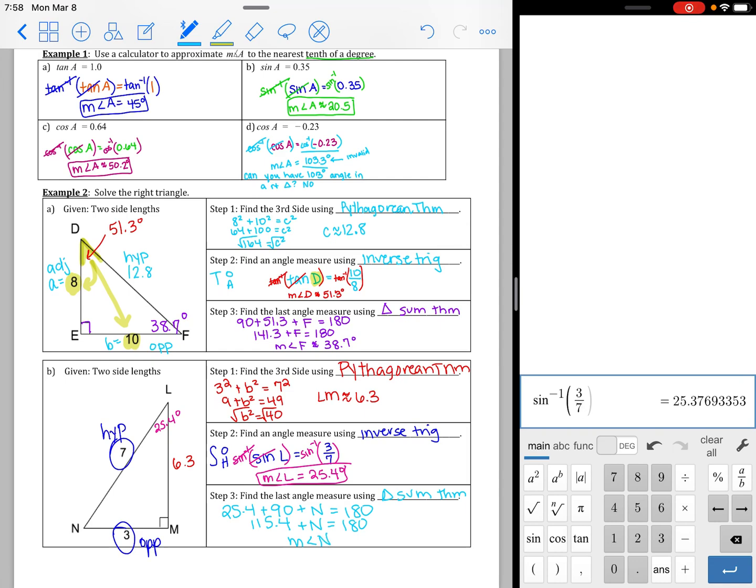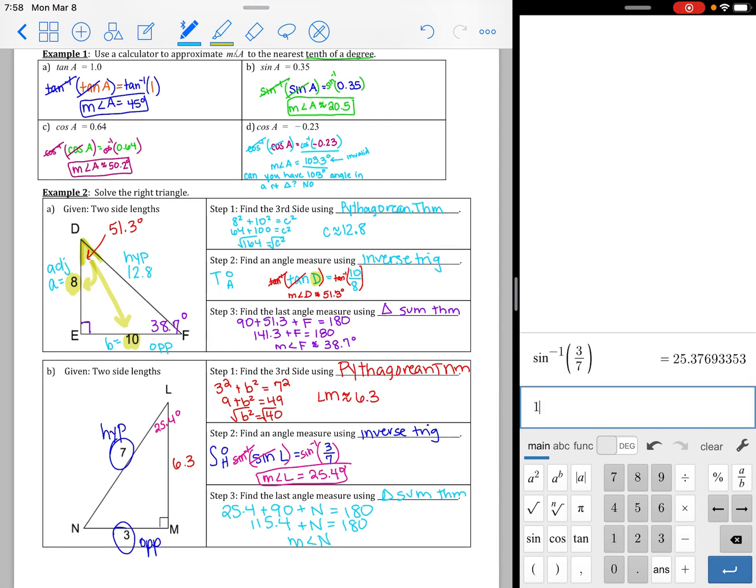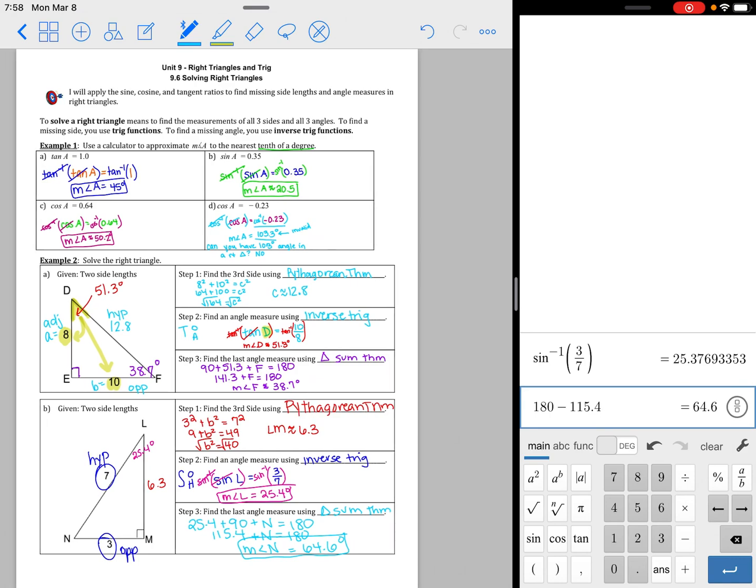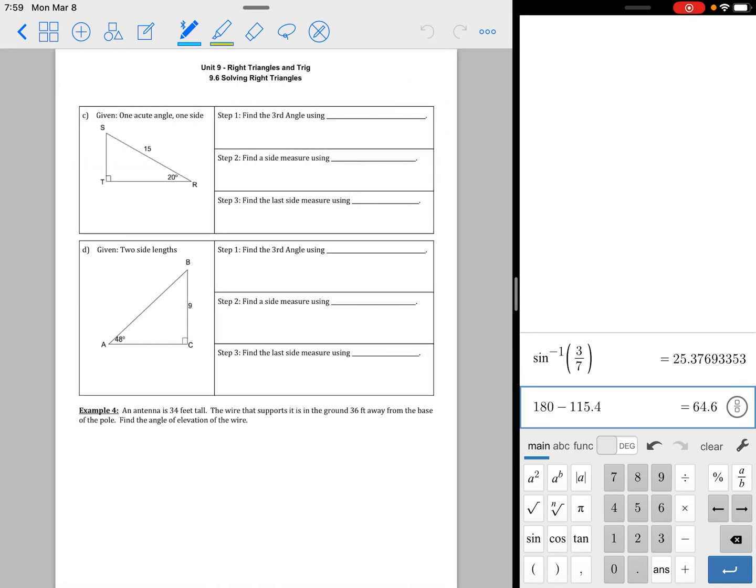So for the measure of angle N, I'm going to subtract that 115.4. So 180 minus 115.4 gives me 64.6 degrees. So if we have two side lengths, that's what we would use.